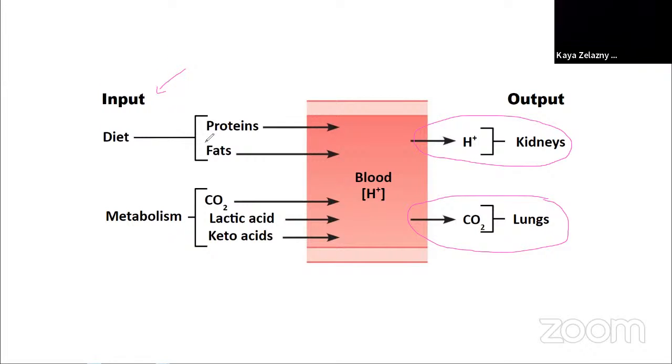So some can come from your diet. Both proteins and fats, when we break them down, create acidic compounds. And in terms of metabolism, right, there are byproducts that your cells are creating as they're breaking down compounds to make ATP: carbon dioxide from our normal aerobic cellular respiration, that's one of the things we get when we break down glucose.